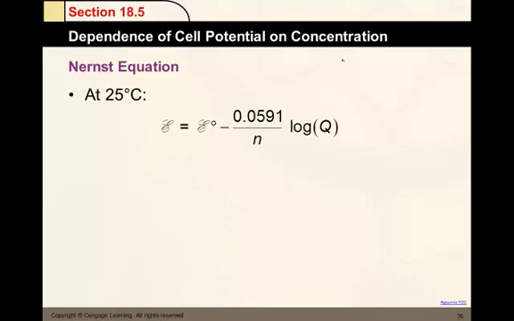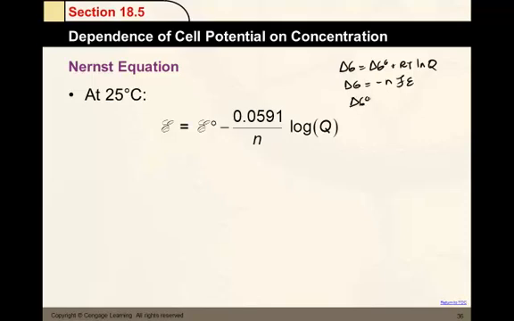You're going to remember this equation, which is delta G equals delta G0 plus RT ln Q from the previous chapter. And from the previous section, delta G equals minus NFE. F, as of course, is a Faraday.